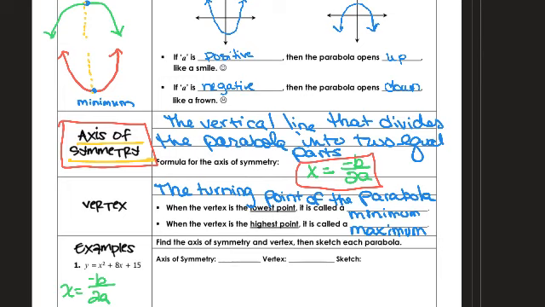We identify the a term, which is 1, and the b term, which is 8. So x is equal to negative 8 over 2 times 1, so x is equal to negative 4. Again, this is a vertical line, and that is the axis of symmetry. x is equal to negative 4.